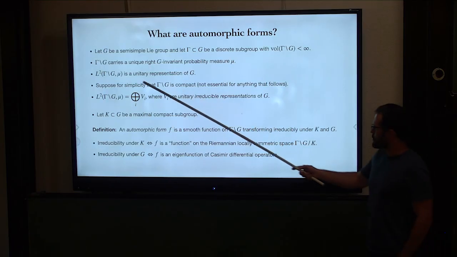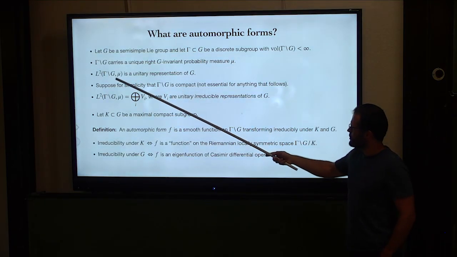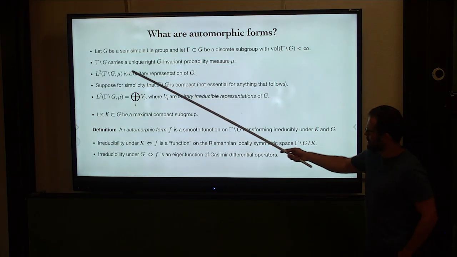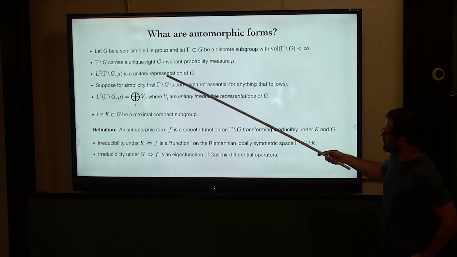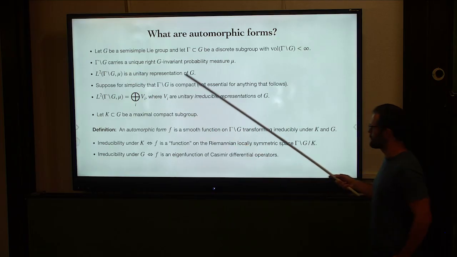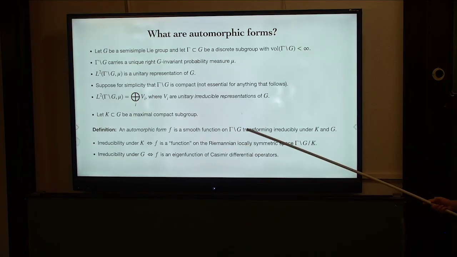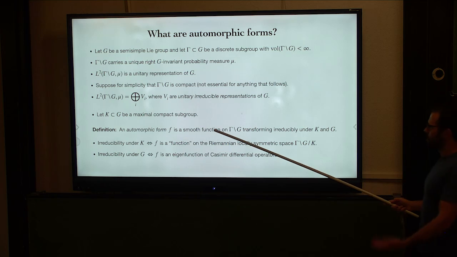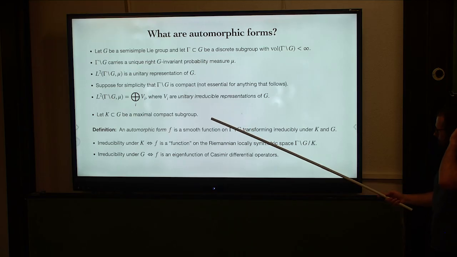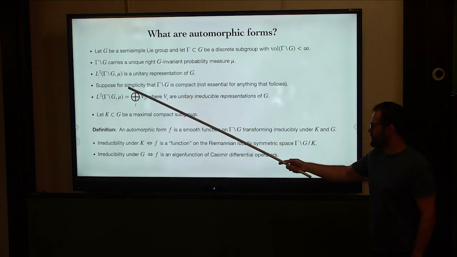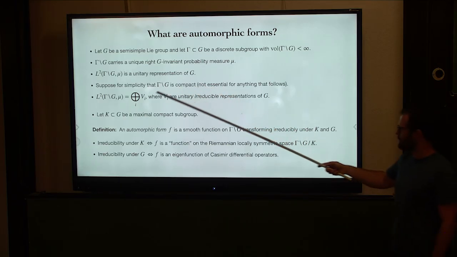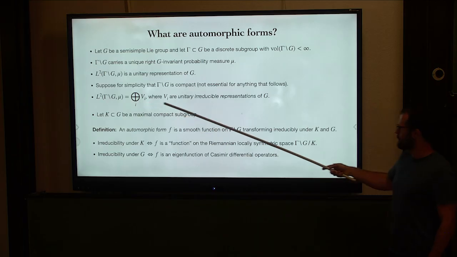And the space of functions on G mod gamma with respect to this measure, the L2 space, is a unitary representation of G, because G acts by translations on it. Okay, this of course preserves the measure, so this L2 space is a unitary representation of G, infinite dimensional. And even though this is not really strictly speaking needed, as I was answering to Jasper's question, we'll assume for simplicity that this quotient is compact, which then implies that it decomposes discretely into irreducibles.